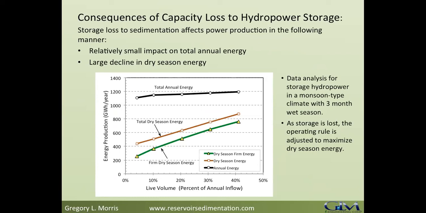Some reservoirs have experienced problems with a relatively small percentage of volume loss, 5, 10, 15% volume loss, in part because in some cases, turbidity currents will carry sediment into areas that they maybe hadn't anticipated.